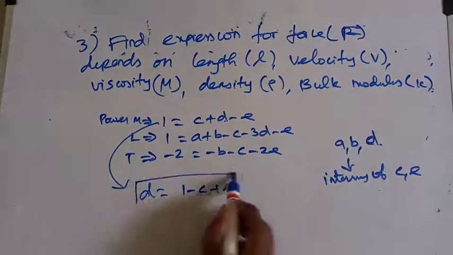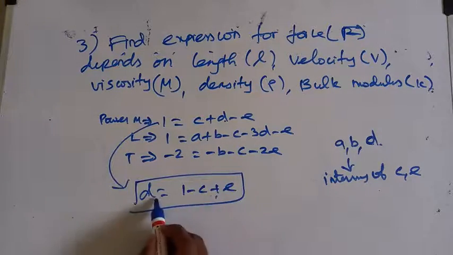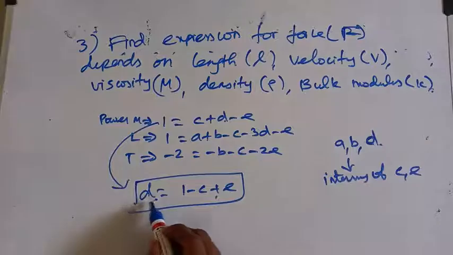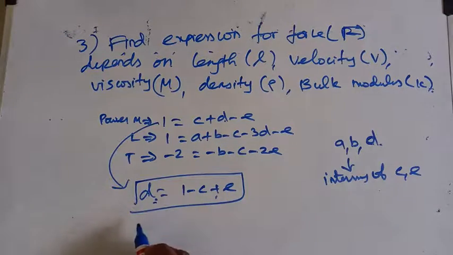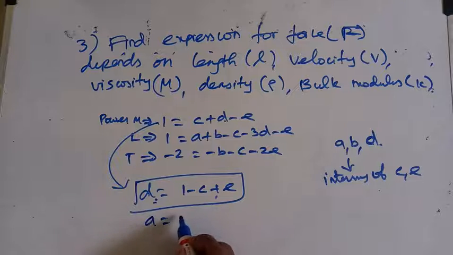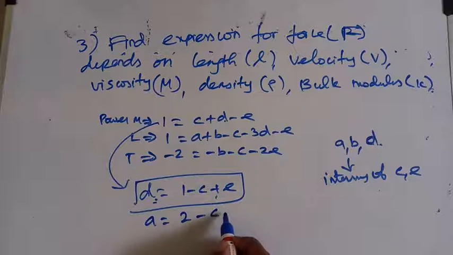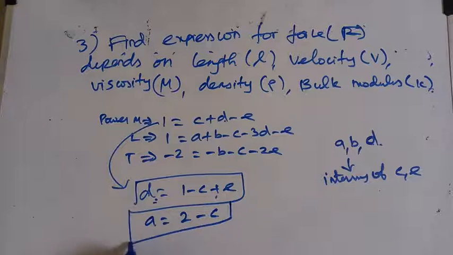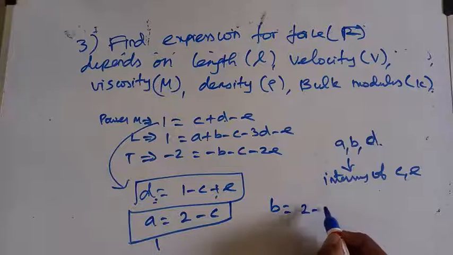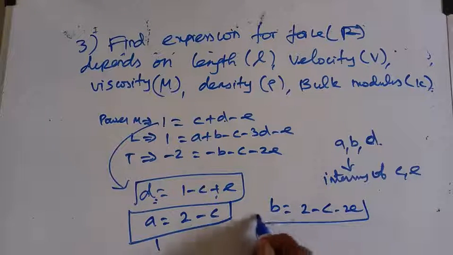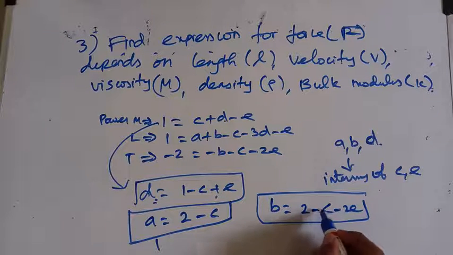Now I have written d in terms of c, e. If I substitute this in this equation and solve, I will get a also in terms of c, e: a equal to minus 2 minus c. Like that, b will be equal to 2 minus c minus 2e. If you solve, you will get these equations.